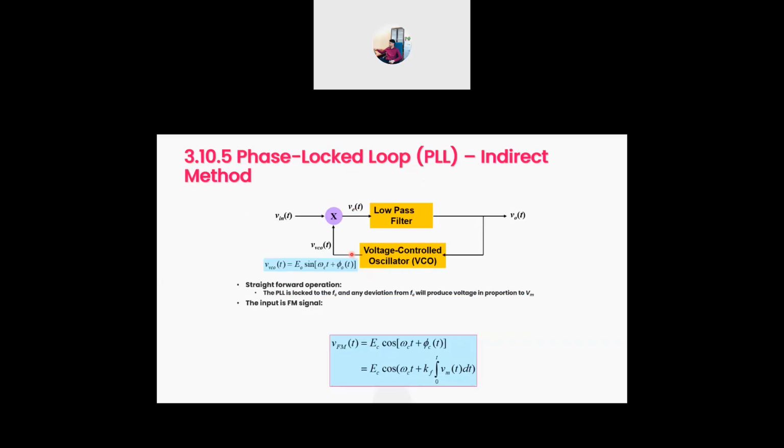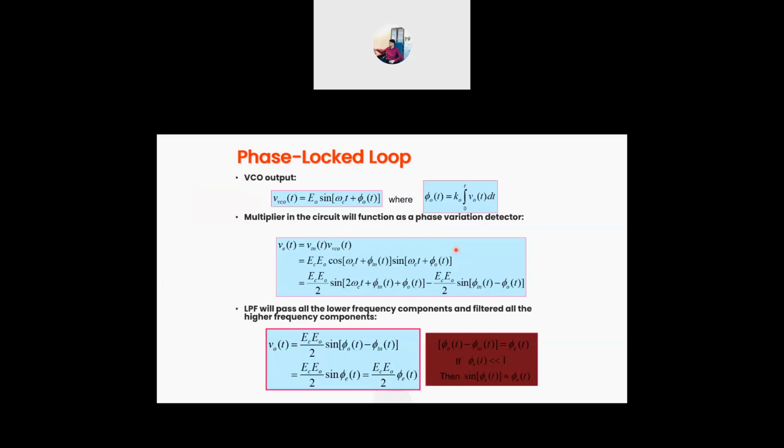Next, the frequency generated at the VCO, the voltage control oscillator output, is proportional to the input voltage of the VCO. As you know, this is a voltage controlled oscillator circuit, meaning we control the frequency; the frequency generated at the output is proportional to the input voltage of the VCO.